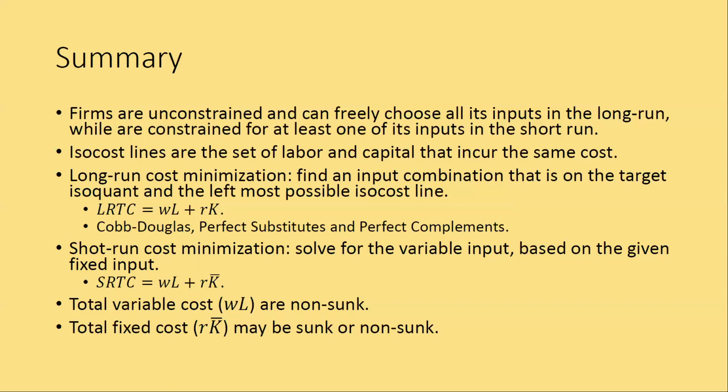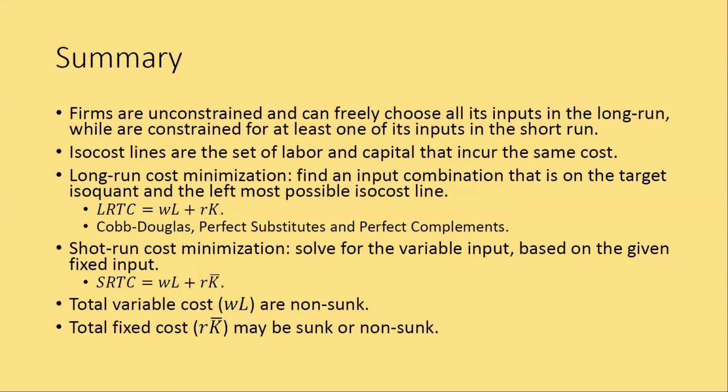We made comparisons under 3 cases, Cobb-Douglas, perfect substitutes and perfect complements, with what we did in consumer theory. And we can also calculate the long-run total cost as a result of the cost-minimizing input combinations.